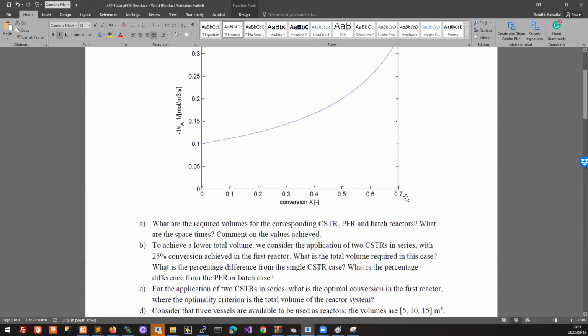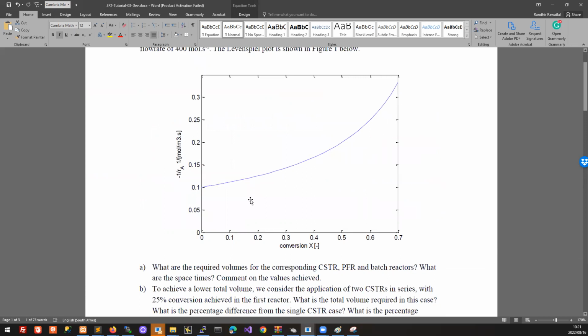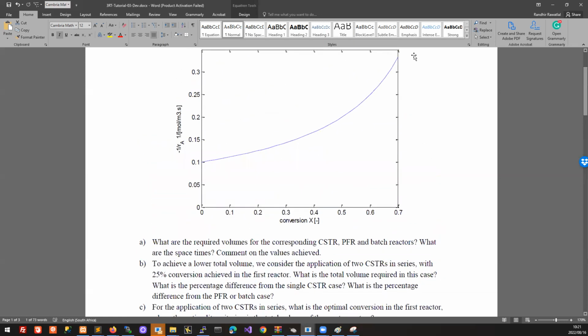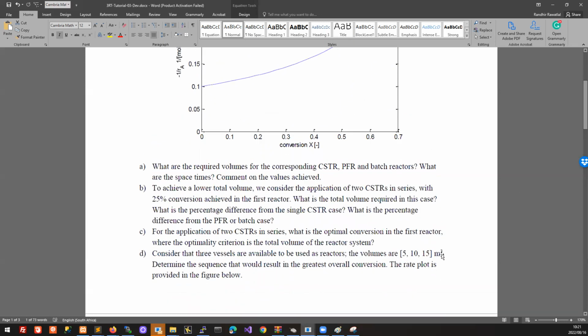So of course, in this case, it is a monotonic curve. And just note, in this case, we don't know what the conversion is, right? So conversion is not given. And so we want to get the greatest overall conversion. So because this curve is monotonic, do it both ways.